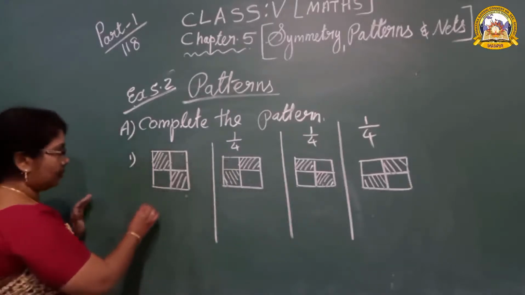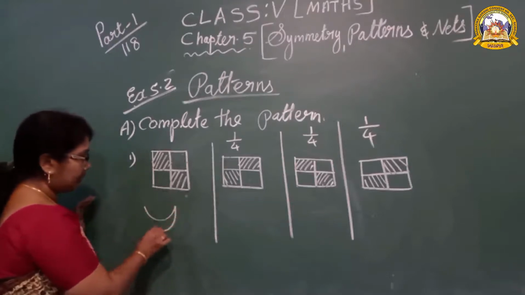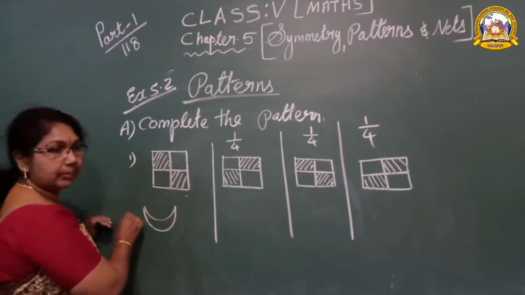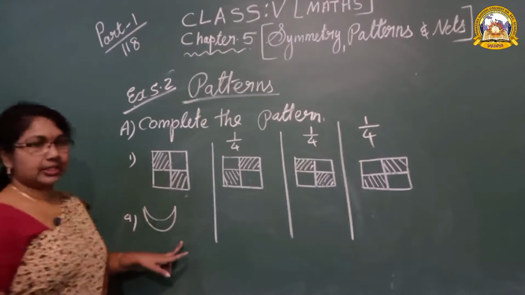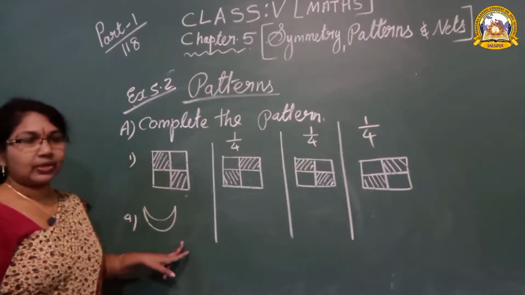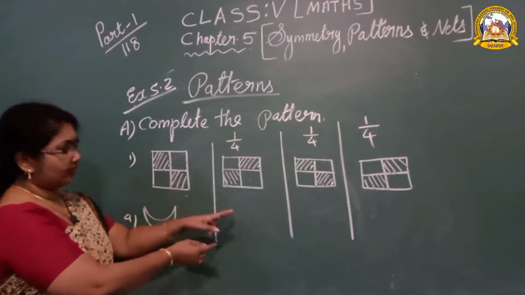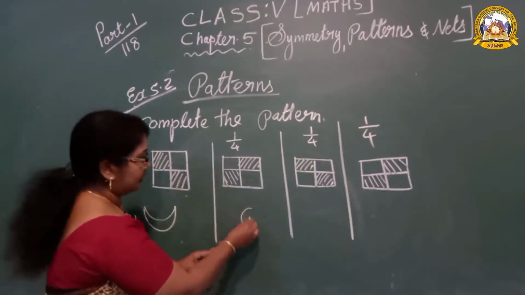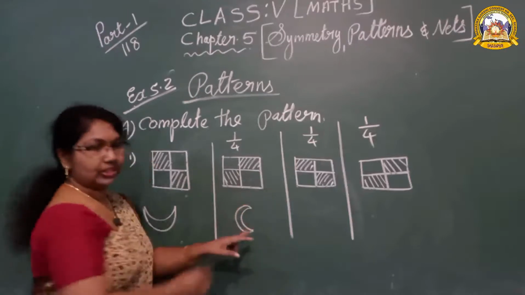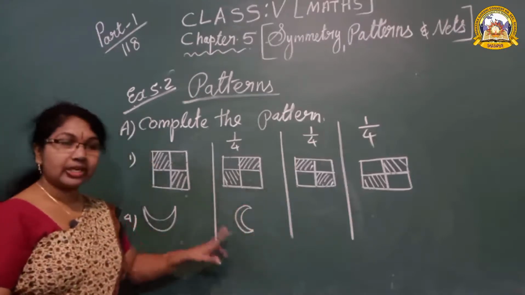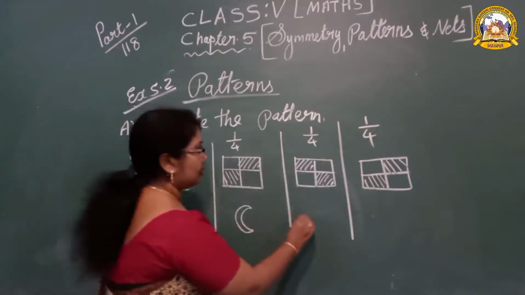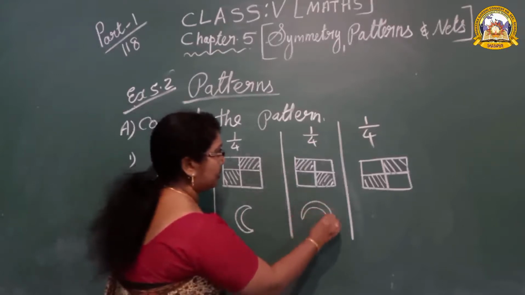For example, one more figure is written there like that. It is question number 4. This shape. Can you say how it will come after a 1/4 turn? It will come like that. Again it is a 1/4 turn, so it will come like that.